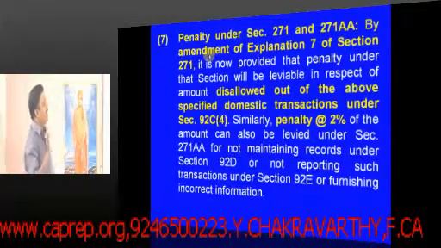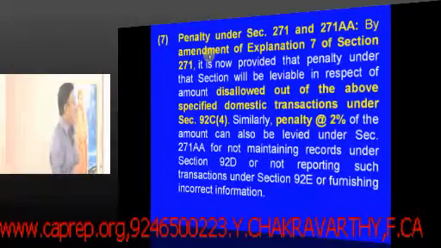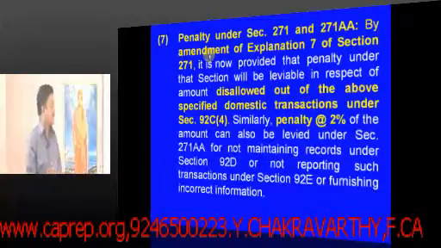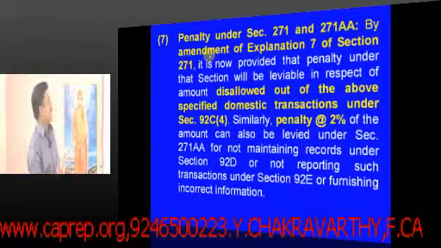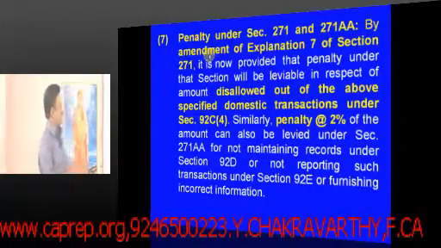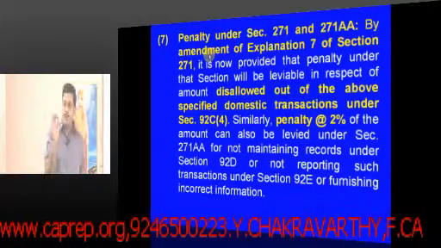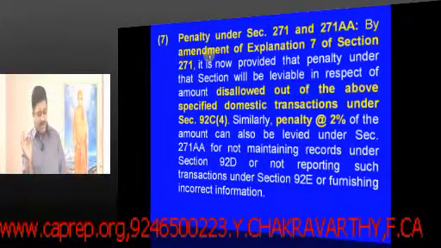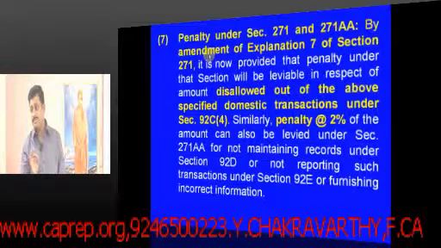And then the penalty, what is the penalty? It is now provided that the penalty under that section will be leviable in respect of the amount disallowed out of the above specified domestic transactions. So very beautiful. See, otherwise people will not listen.